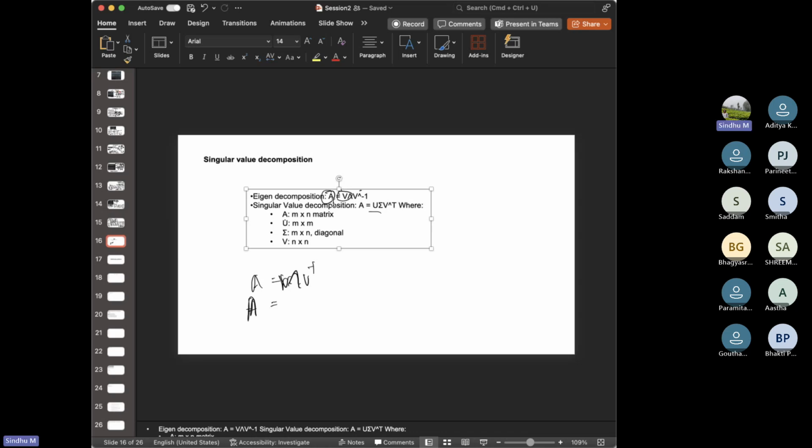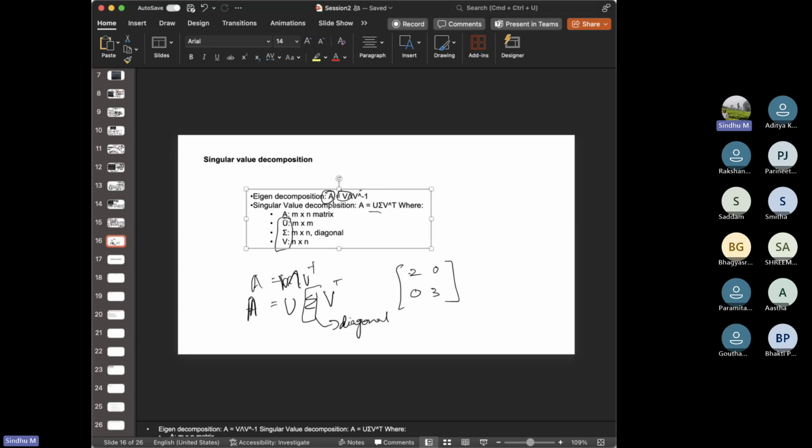And each of these matrices have special properties, that this is a diagonal matrix. And the diagonal matrix means these terms will be 0. Only the diagonal values will be having non-zero, this main diagonal. All the other terms will be 0.